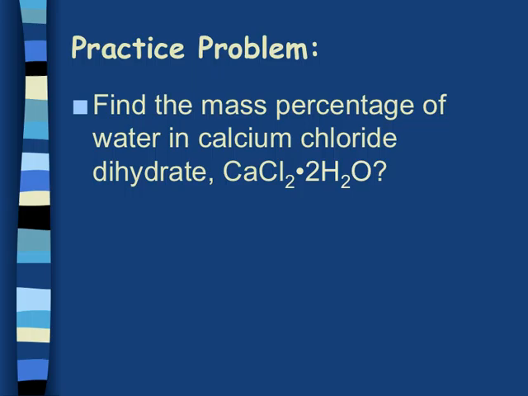Now you need to calculate out the whole thing, the mass of the total. If we're looking at the whole thing, how many calciums are there? How many chlorines? How many hydrogens? And how many oxygens? So you need to calculate that mass out, the whole thing.